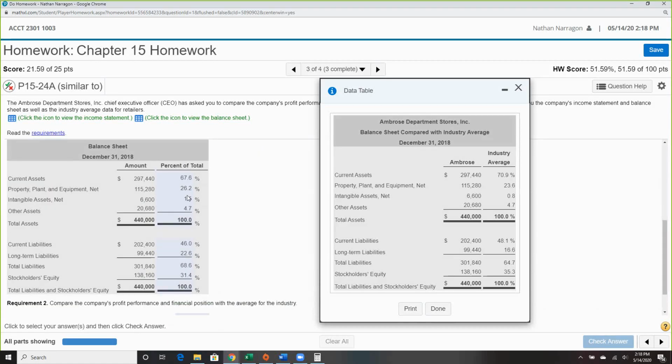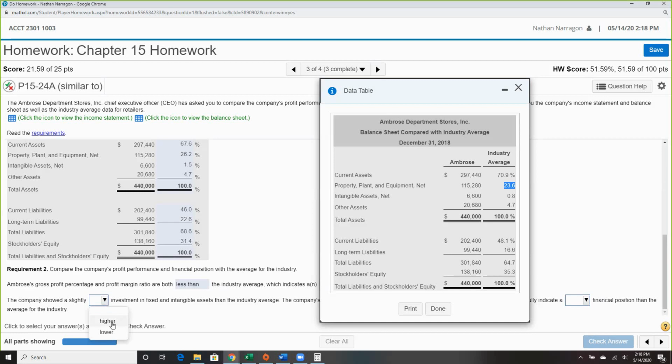So here's our fixed, here's our intangible. There's the industry. We are higher than them. We're also higher in industry, or intangible. So for me, both of them are higher. You may have lower for yours, so always compare.